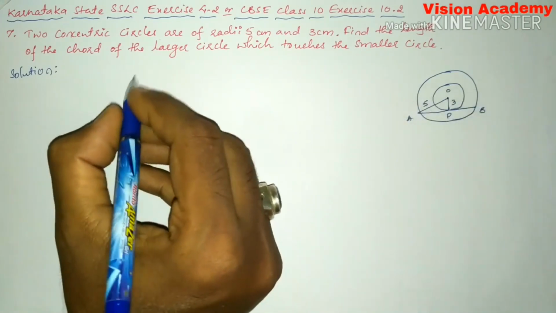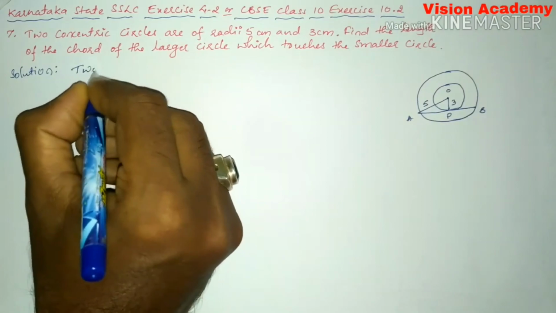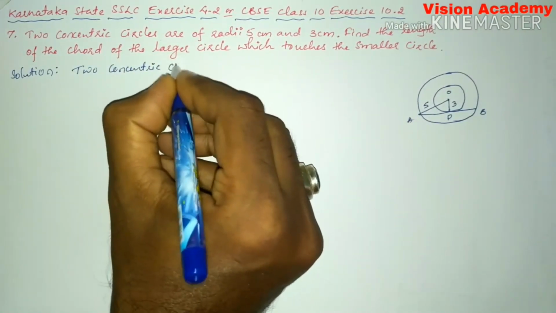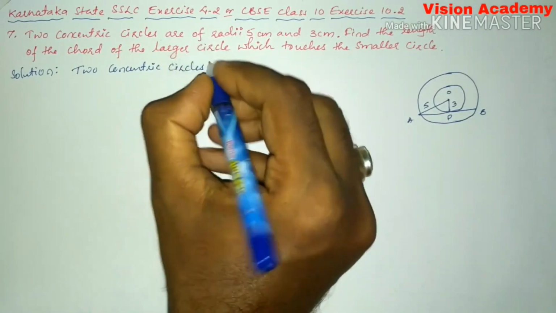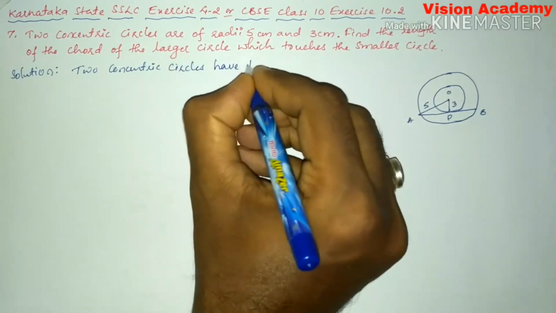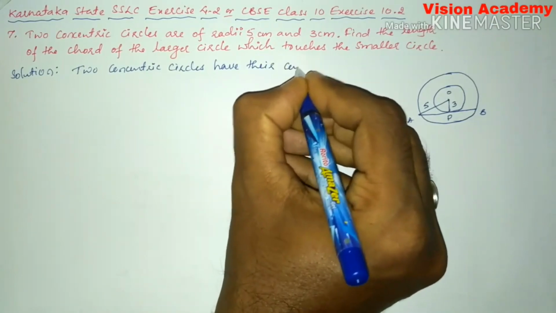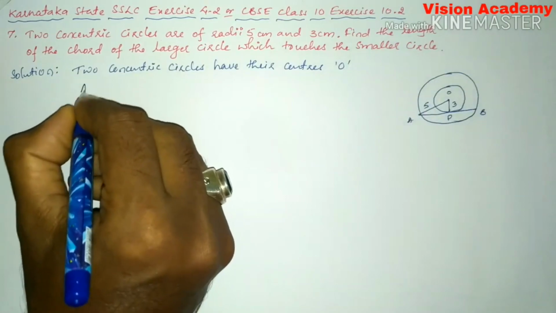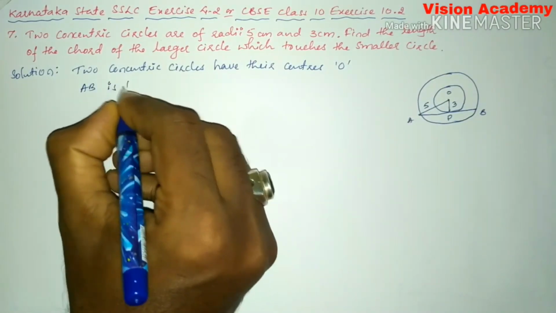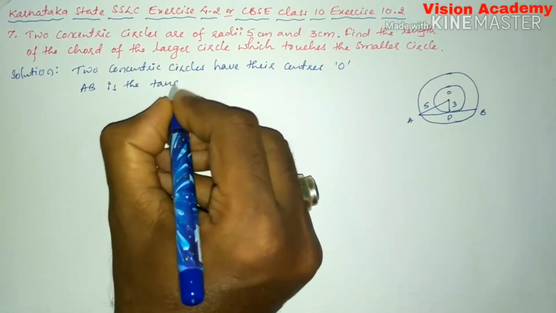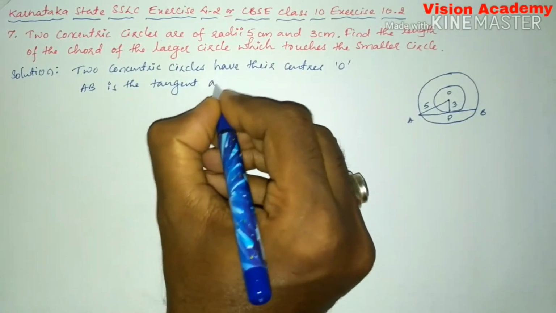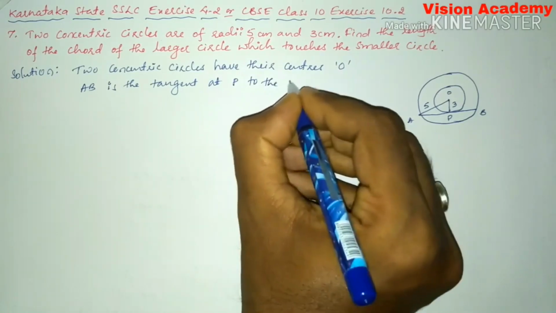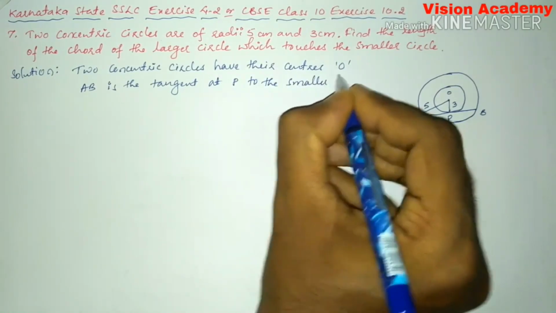Next, here we will write two concentric circles have their center O. AB is the tangent at P to the smaller circle.